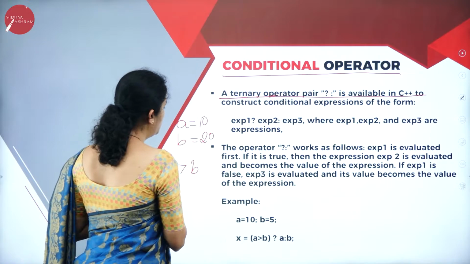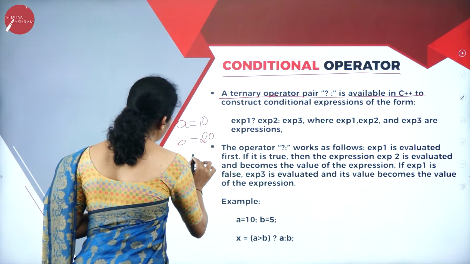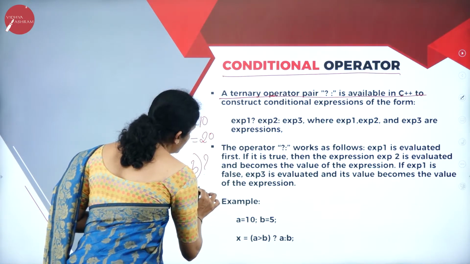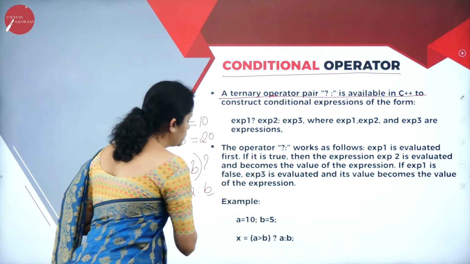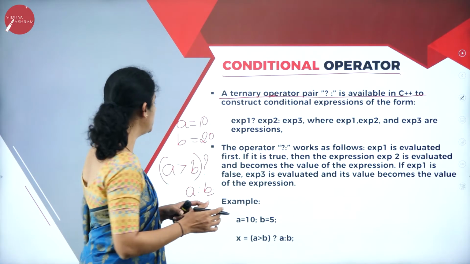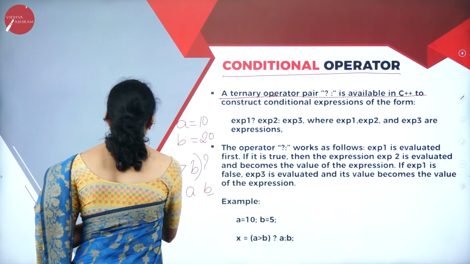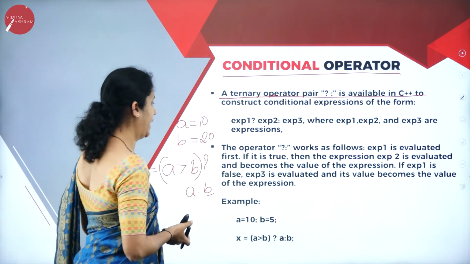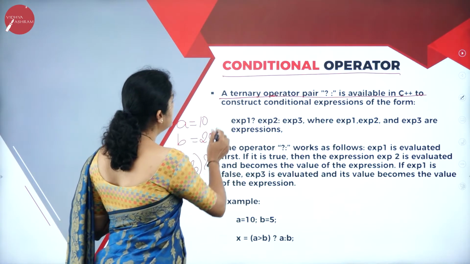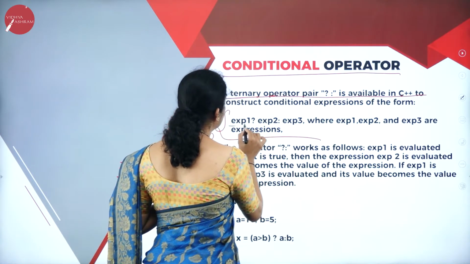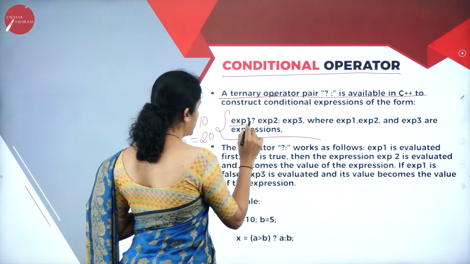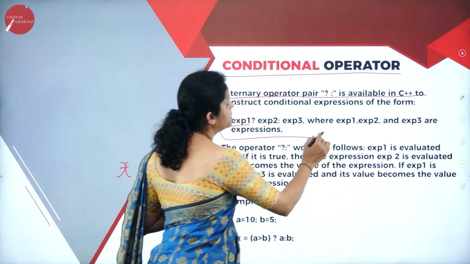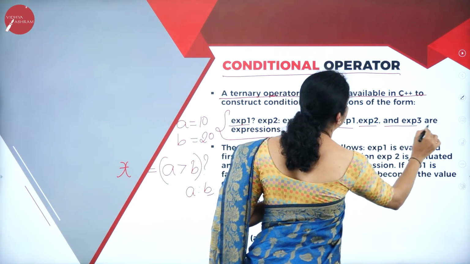So what I will do is write the expression, then the question mark, A colon B, and the termination symbol, and I'm going to store this value in one dummy variable called X. So what is the syntax I'm going to have?